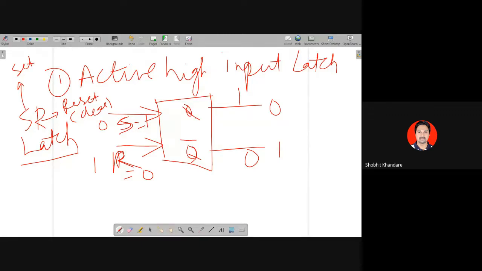Here, if I want output to be 1, then you have to give S equal to 1 and R equal to 0. Then we can say that your latch is set. And if I want my latch to be clear, in that case R is equal to 1 and S is equal to 0, so you will have output Q as 0 and Q bar as 1.